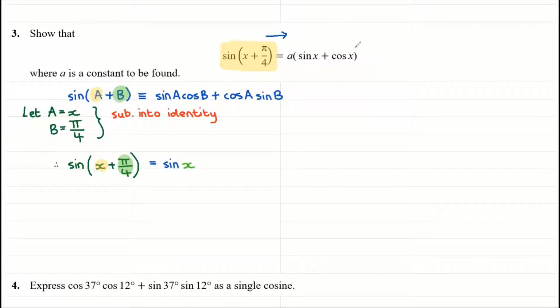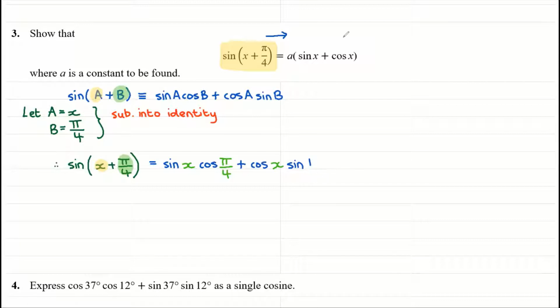Multiplied by the cosine of pi over 4. Okay, and add that to the cosine of X multiplied by the sine of pi over 4. And I'll just do that in green again so I'm consistent.